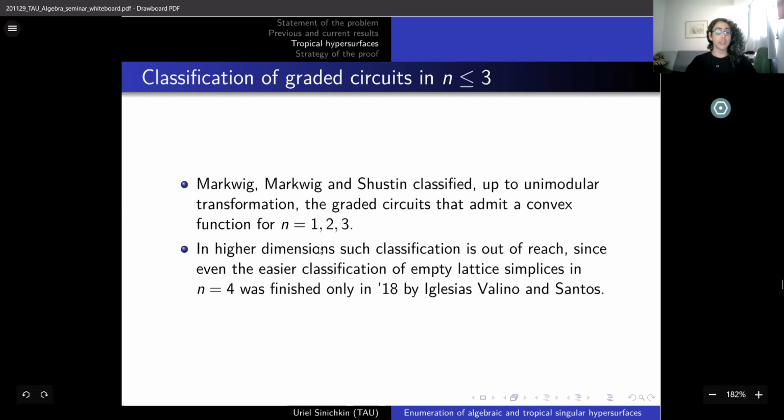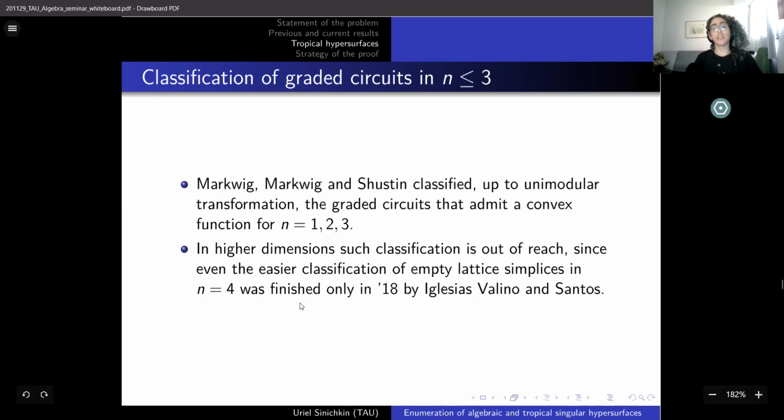Maybe I will say about the classification. So I said that in 1 there is only one such guy, in 2 there are 2 circuits, and what I showed in previous slides is essentially all of them. And in 3 there is actually even an infinite family of circuits.